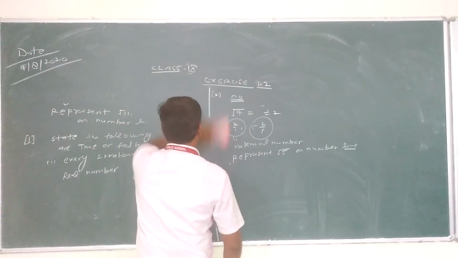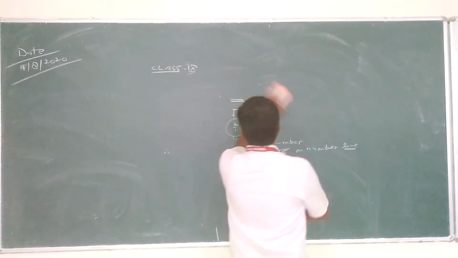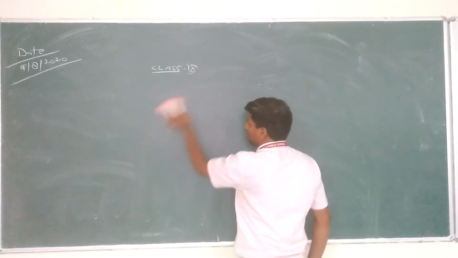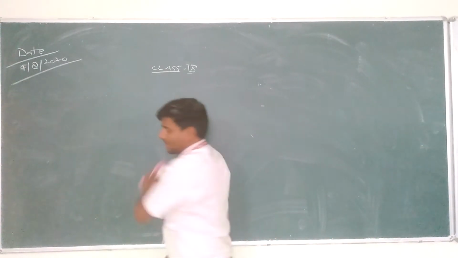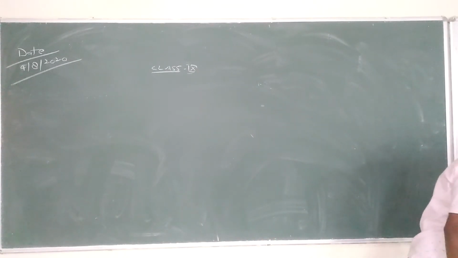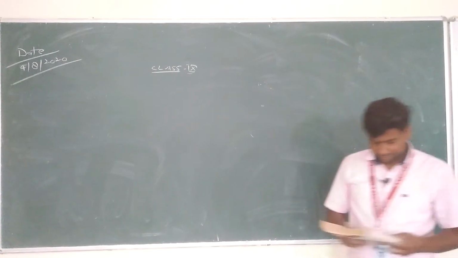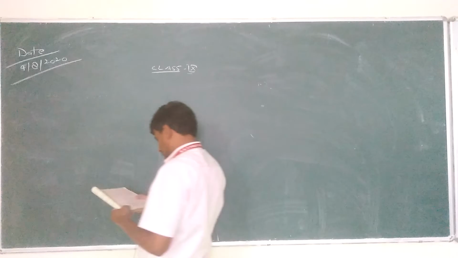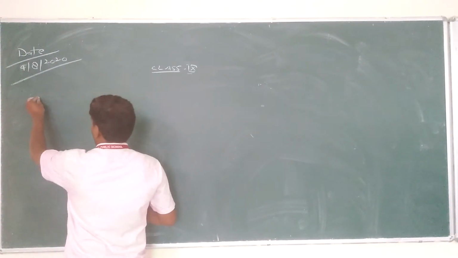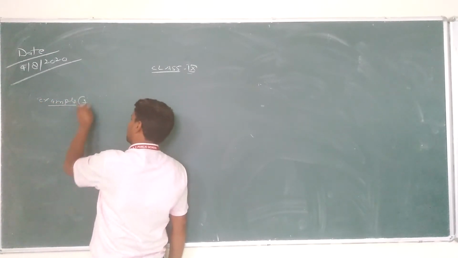Overall, in exercise 1.2 we have understood how we can represent an irrational number on a number line. Like this, we can take some examples. See here, like this, we can take an example like this, example number 7.